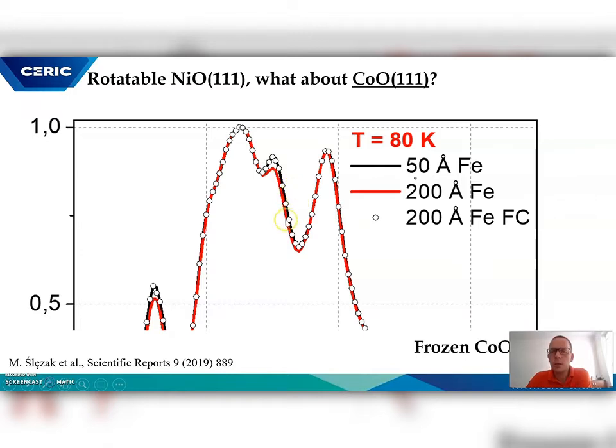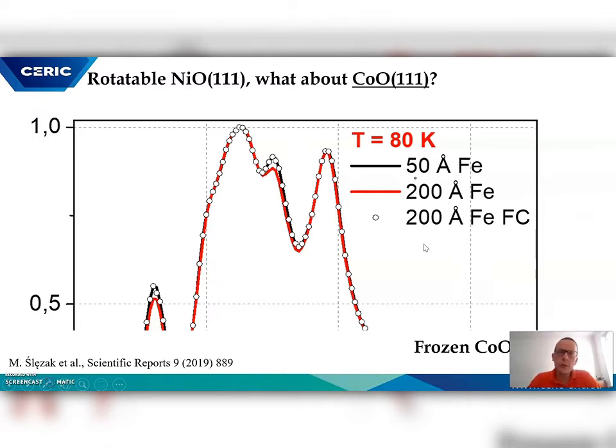And this means that it's the magnetic state of iron above the Néel temperature which is the decisive factor determining the orientation of antiferromagnetic frozen spins at low temperature.